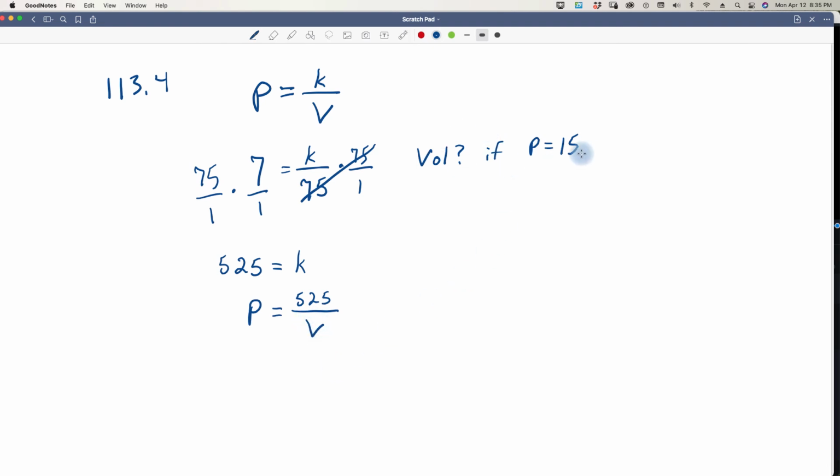Now we're going to sub in here. What is the volume if the pressure is 15? So if P equals 15, what is the volume? So we're going to put 15 equals 525 over V. So what do we do when we have, we just use the inverse, just like we did up here.